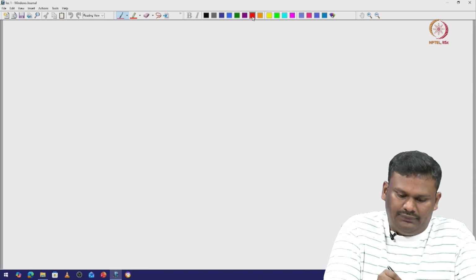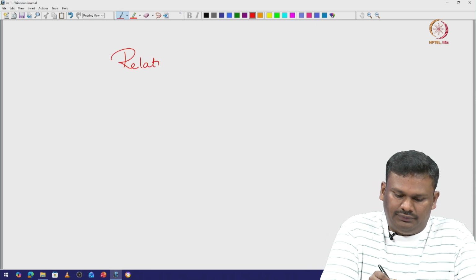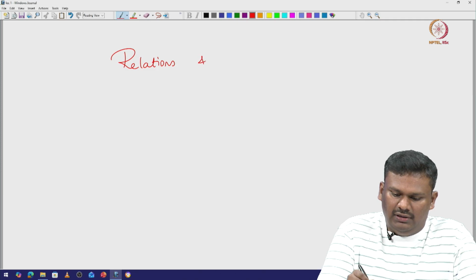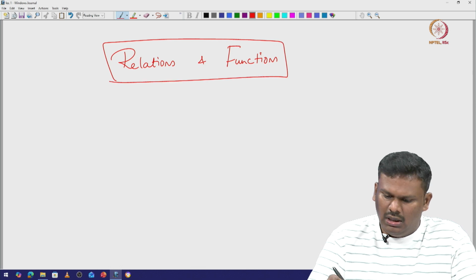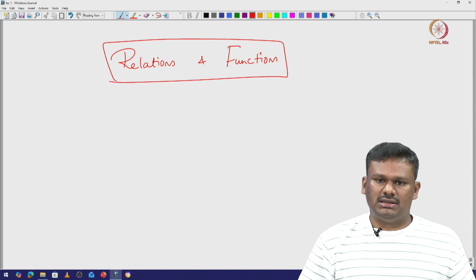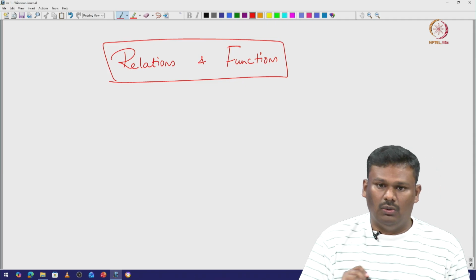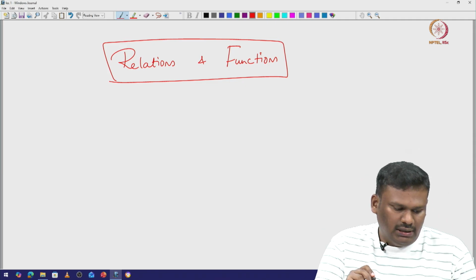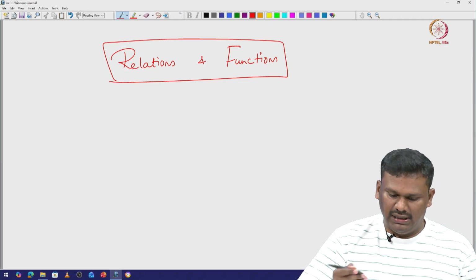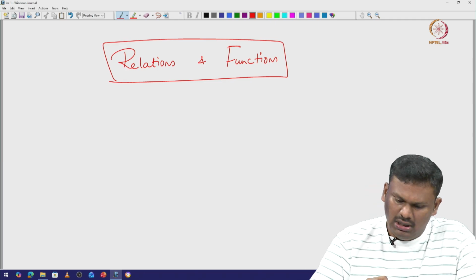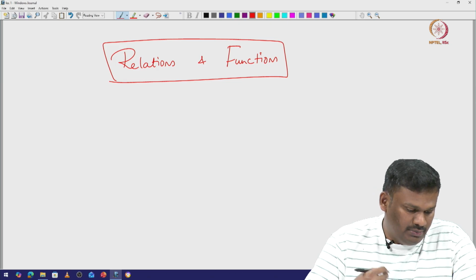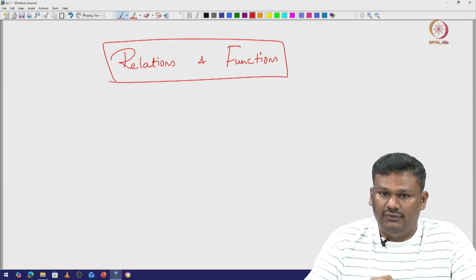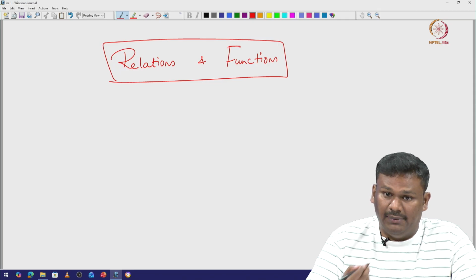Like I said, relations and functions, all of them can be viewed as sets. Okay. So, let us first define relations, and once we define the relation, it is clear that they are sets. So, what do we want to talk about? We want to talk about a relation between elements of capital A and capital B.